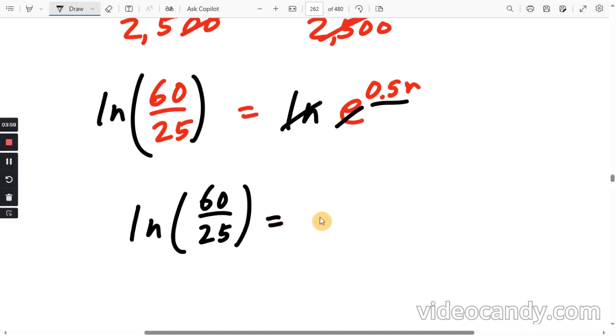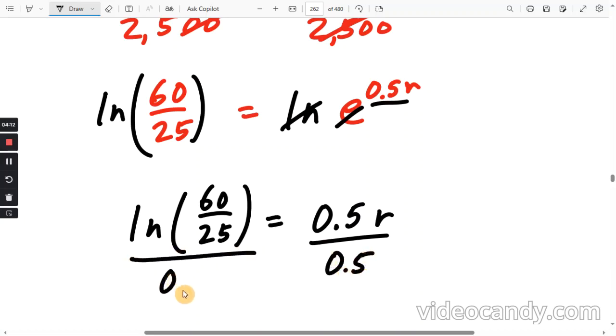And that equals 0.5r. All right, r times 0.5. The opposite is divided by 0.5. On the right, it cancels. We're left with r equals ln of 60 over 25 divided by 1/2, or 0.5.